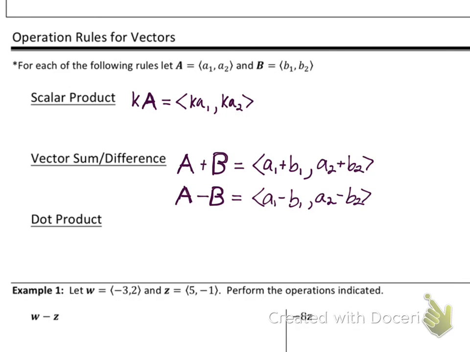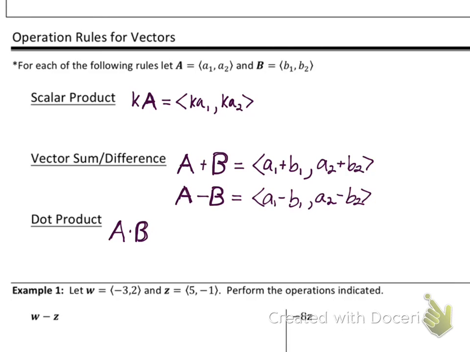All right, the last thing is called the dot product. The dot product is completely different than the other two, and that's because we're going to do A times B. This is the dot product. Now, in my head, I'd be thinking, oh, okay, it'll be the same thing as here. I'll do A sub 1 times B sub 1, comma, A sub 2 times B sub 2.